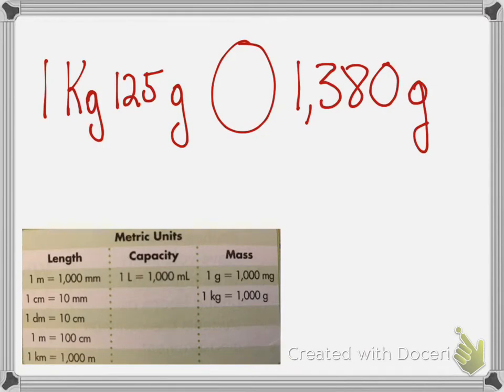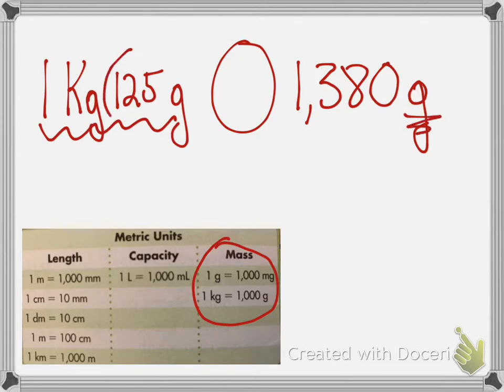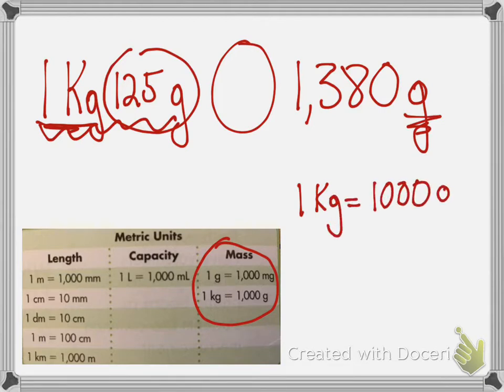Here's another example. 1 kilogram and 125 grams is equal to, less than, or greater than 1,380 grams? So we're now getting into mass. Let's refer to our chart. How much is 1 kilogram? Because we want to be able to convert this side into just grams. Since we have this part already in grams, let's focus on converting this one. 1 kilogram is equal to 1,000 grams.